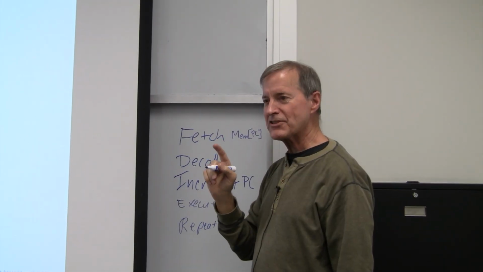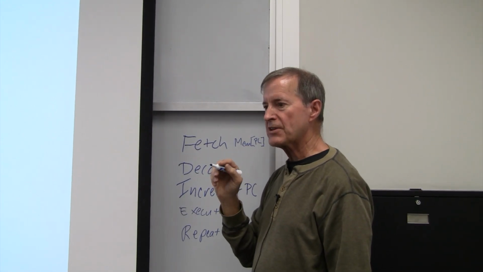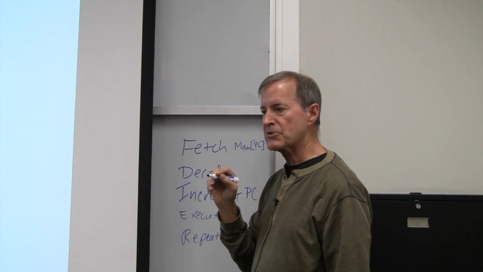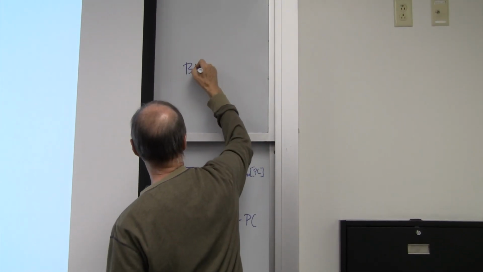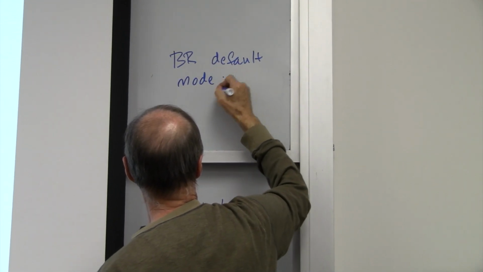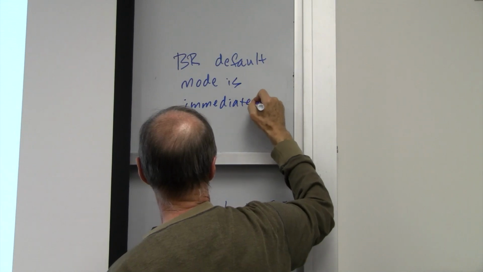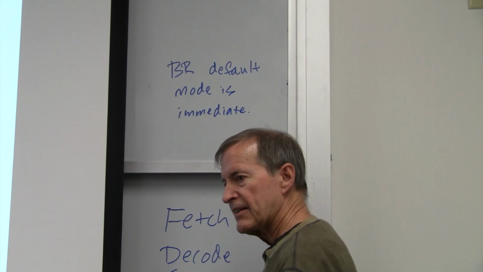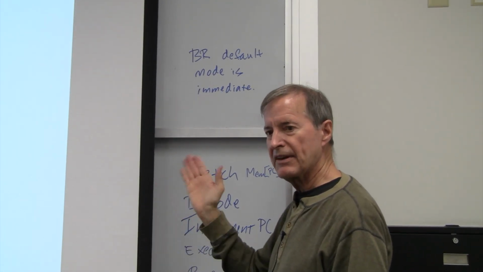With the branch instruction, if you omit the addressing mode, then by default the assembler assumes that it's immediate. So BR default mode is immediate. It's so common that we never put it down, but you can put it down and it'll still work.